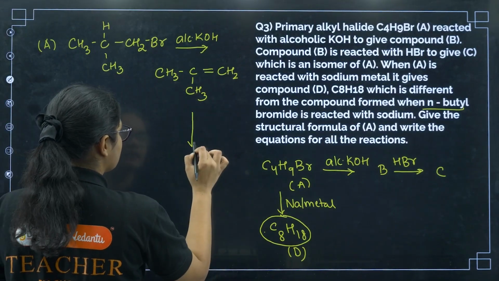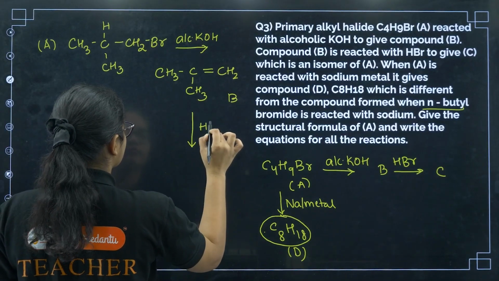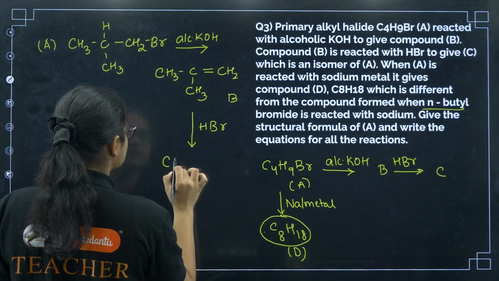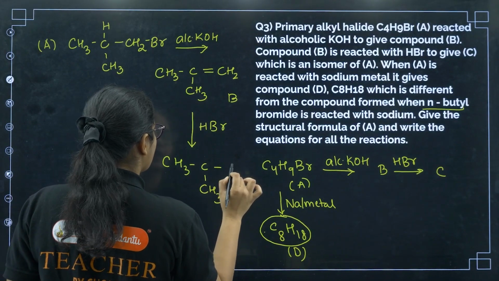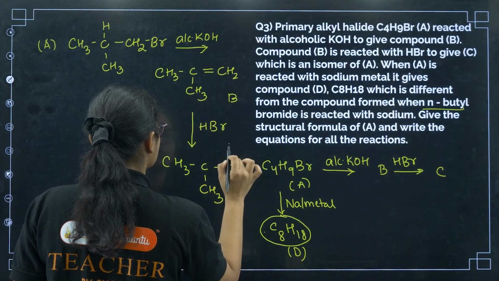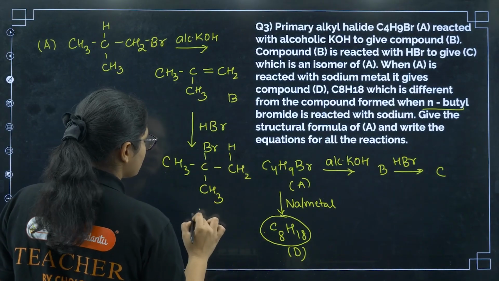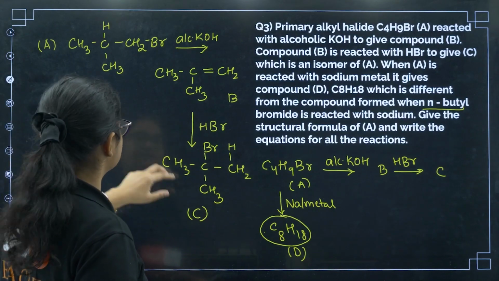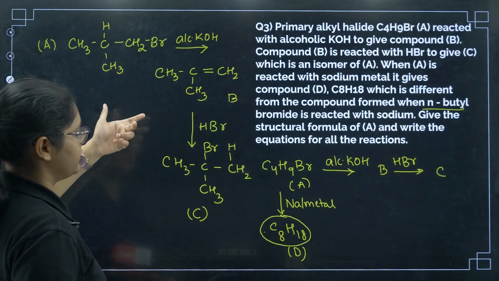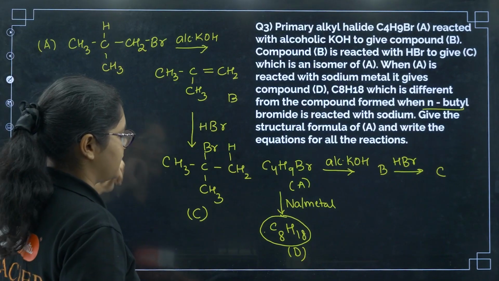If I react it with HBr, what I will get is (CH3)3C-Br, and this is your C. So you can see now A and C are isomers of each other, right? Definitely here bromine is on the first carbon, here bromine is on the second carbon.